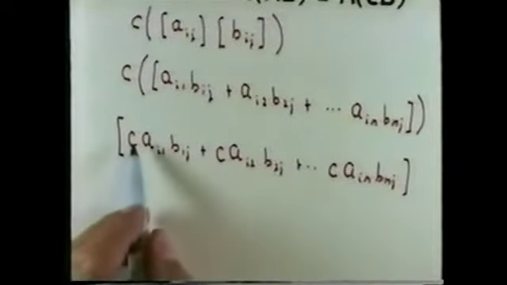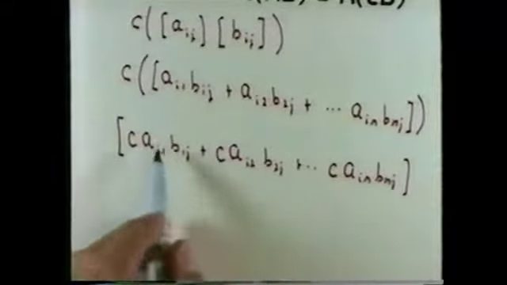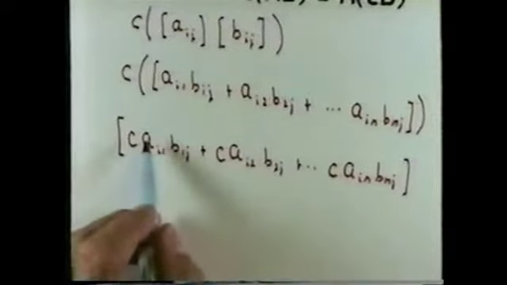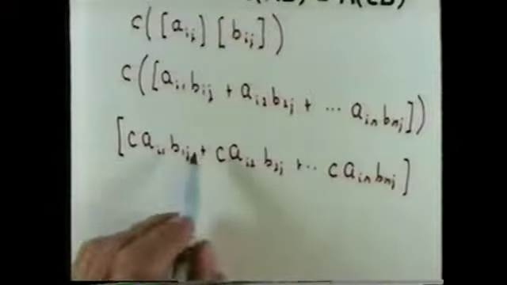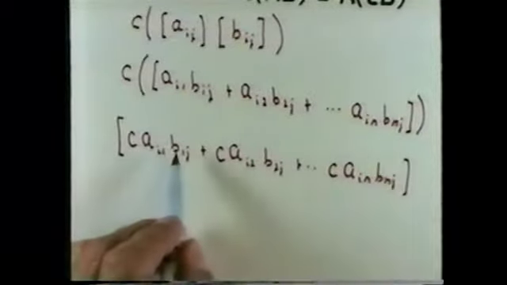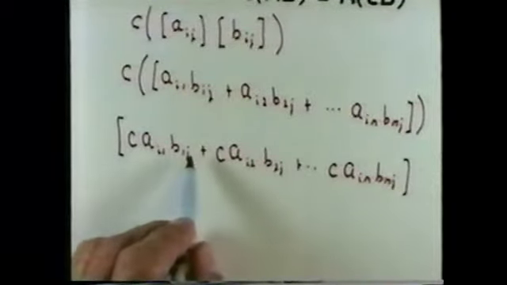C is a real number. Aij is the entry in matrix A, row i, column j. Bij is the entry in matrix B, row i, column j.